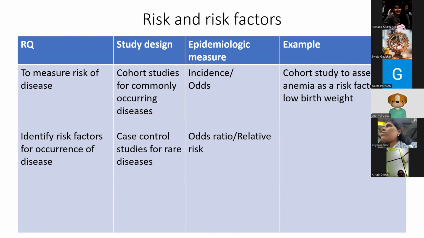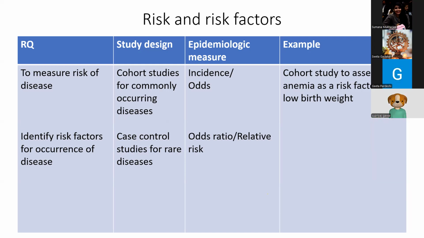So when we talk of risk, the ideal study design would be to conduct a cohort study because you need to calculate the incidence in those studies, and you need to identify the new cases which have occurred in a baseline population which is free of the disease. So you would need to identify a cohort and follow the cohort to identify people who have transited from the non-disease to the disease state.